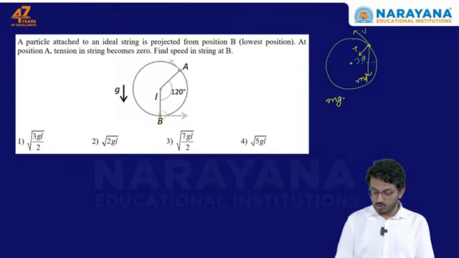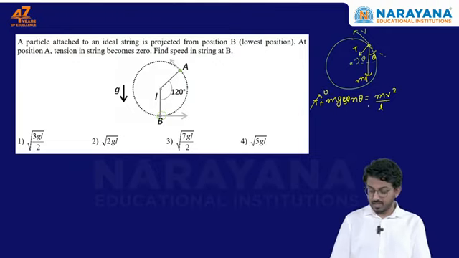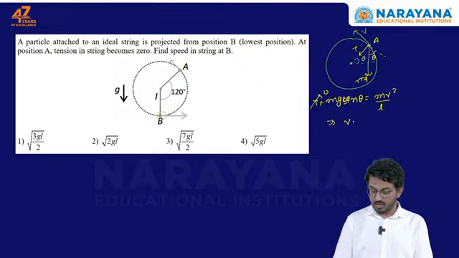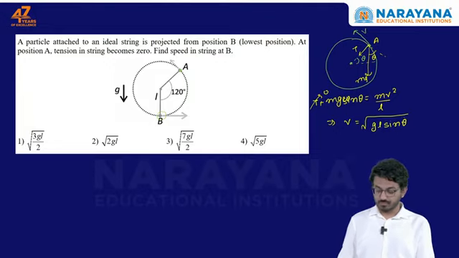So mg sine theta is equal to mv square by L plus tension, and tension we are taking as 0 because the question says that. So we see from here that the velocity required at point A is root of gL sine theta, if theta is taken from the horizontal as shown.